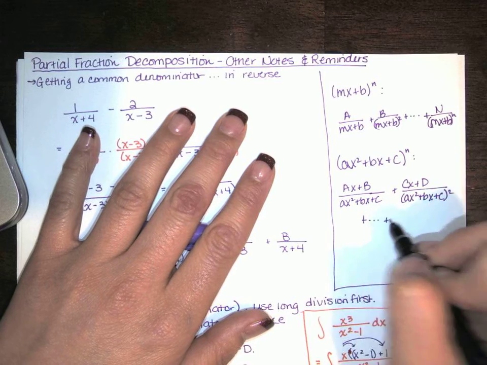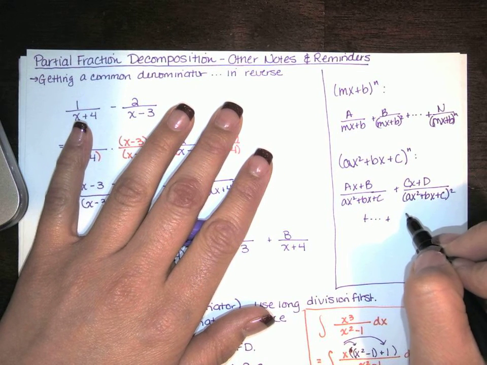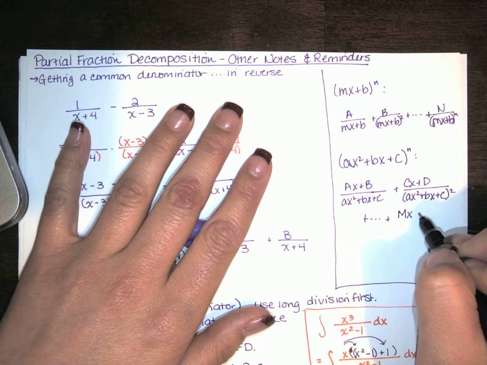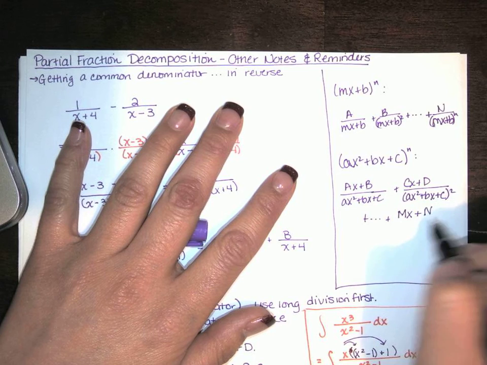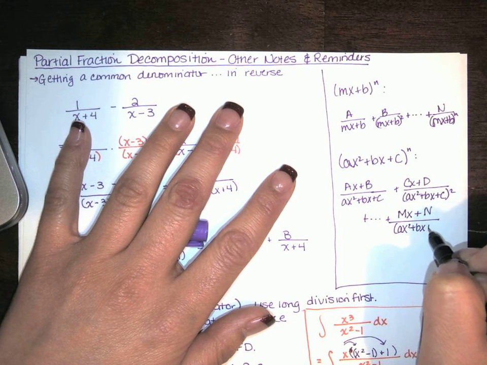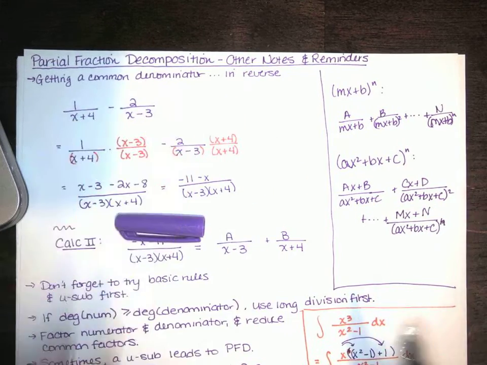You're going to keep going. Eventually you're going to end up with, I don't know what the letters are going to be, I'm just going to name some, a constant times x plus a constant over that irreducible quadratic to the nth power.